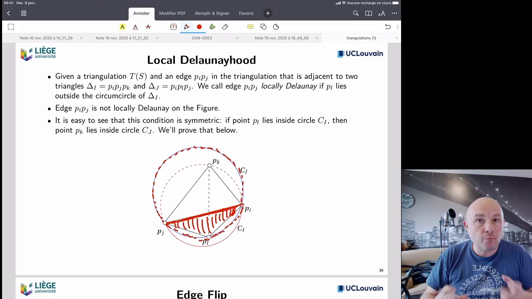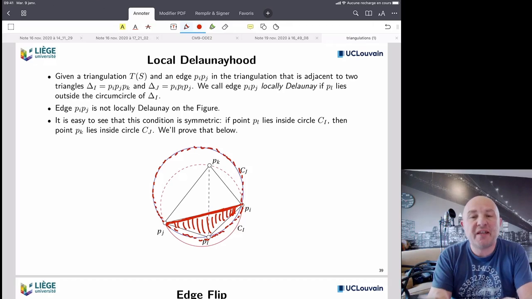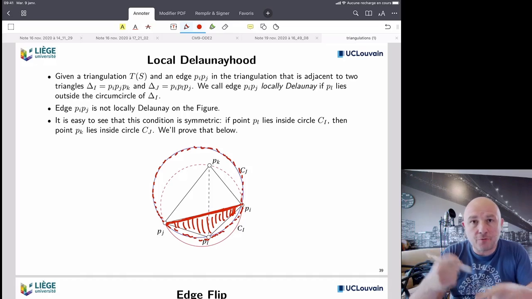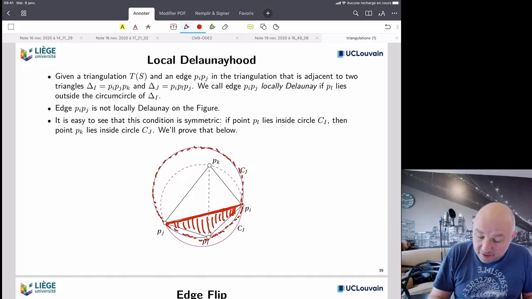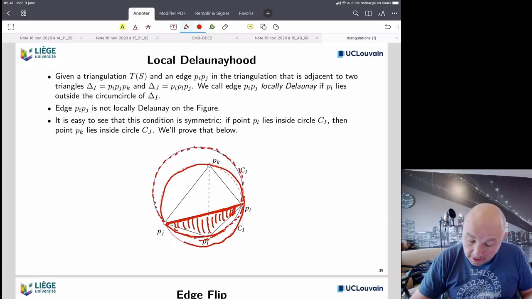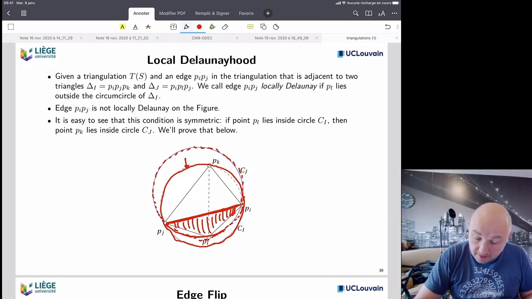Of course, why do we say locally? We choose a specific set of circles. But what we can prove is that this argument is symmetrical, which means that if this edge is not locally Delaunay with respect to this circle, it's not locally Delaunay with respect to the other circle that corresponds to the other triangle. It means that this circle contains PL and this circle contains PK.